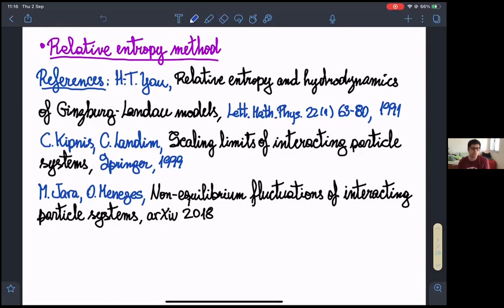So what I want to do today is explain how this relative entropy method works. As I was telling you yesterday, especially in analysis they use what they call the entropy method.